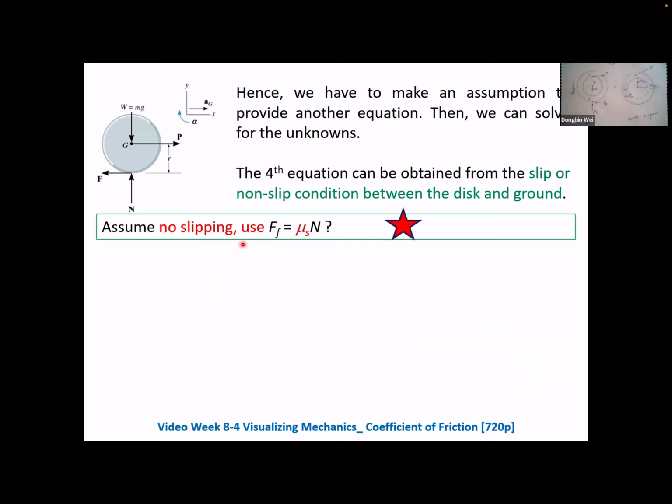Firstly, we assume no slipping. We assume it's a rolling without slipping problem. If it's rolling without slipping, we will know this friction force must be static friction force. If it's static friction force, and if we know mu s, the static friction coefficient, can we express the friction force here as equal to mu s times N?